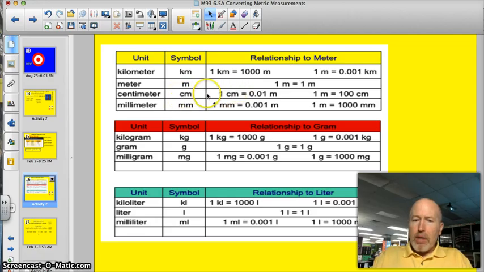Like centimeter: 1 centimeter is 0.01, because centi means 100th. And then it says 1 meter is 100 centimeters. Same with millimeter. 1 millimeter is 1,000th, or 0.001 meter. 1 meter has 1,000 millimeters.